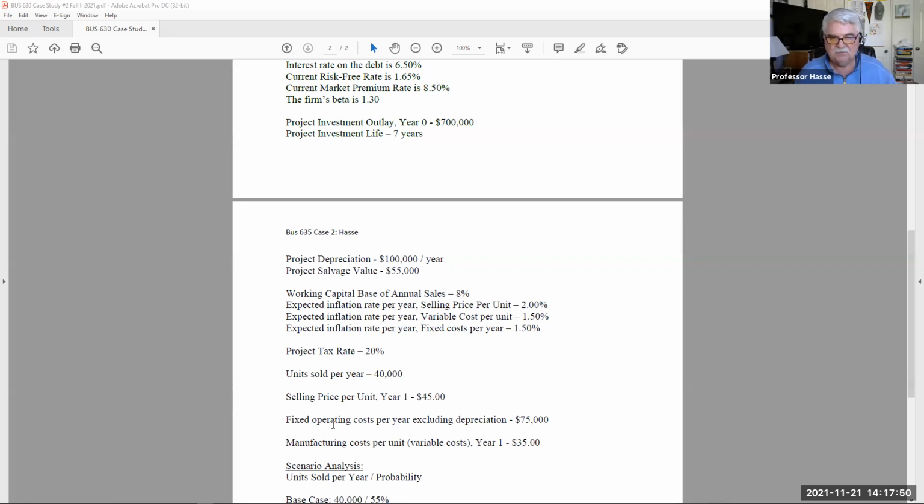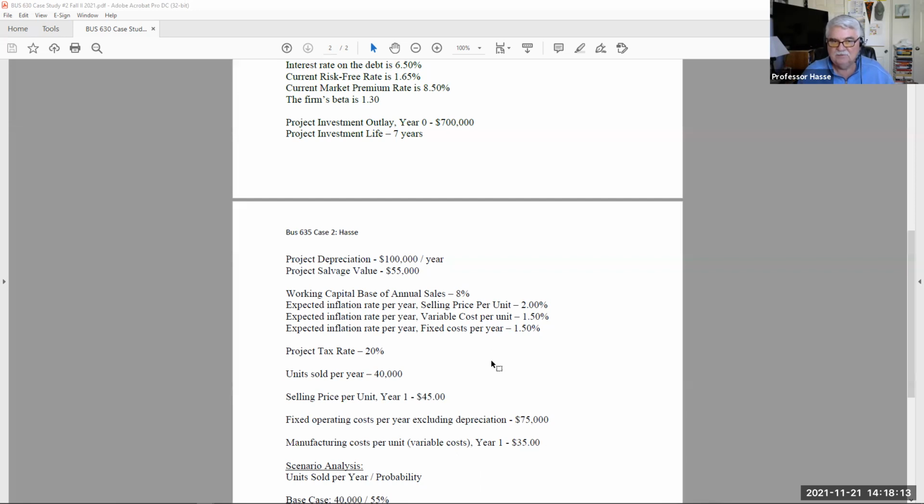Your fixed operating costs are $75,000, which is going to inflate at a 1.5% rate after year 1. Your manufacturing costs, or variable costs, in year 1 are $35 per unit, and that also is going to inflate at 1.5% after year 1.